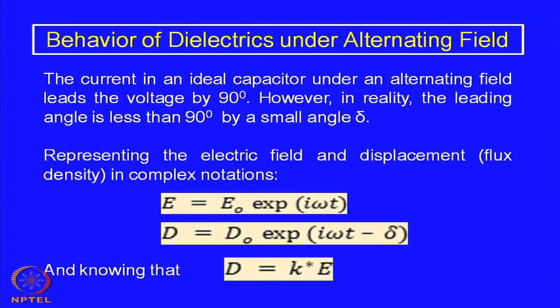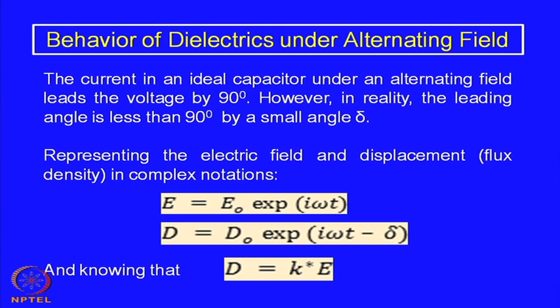That is the ideal situation when there is no loss, there is no leakage current, the insulation is almost perfect, or the resistance of the insulating material is infinity. So, if that happens, the current leads the voltage, particularly in case of an alternating field, sinusoidal voltage, by 90 degrees. Okay.